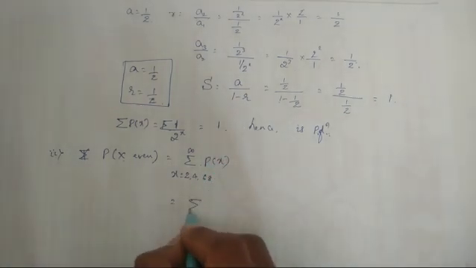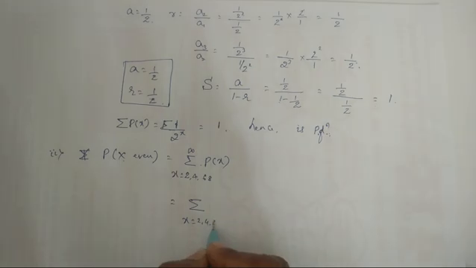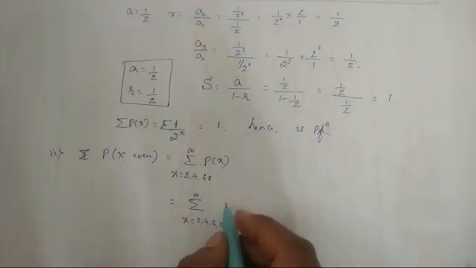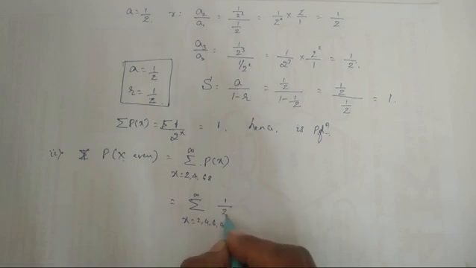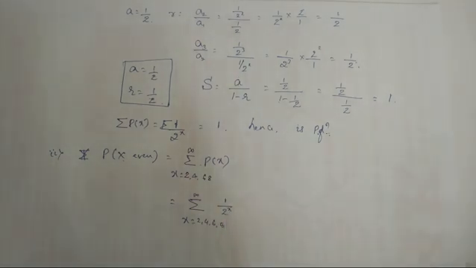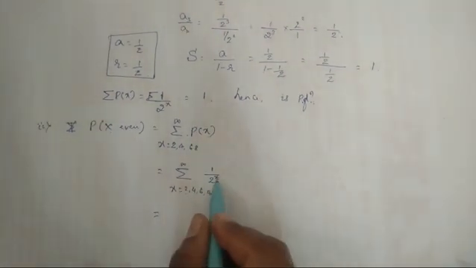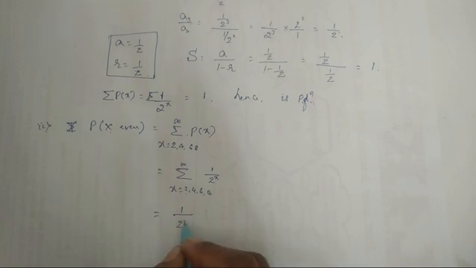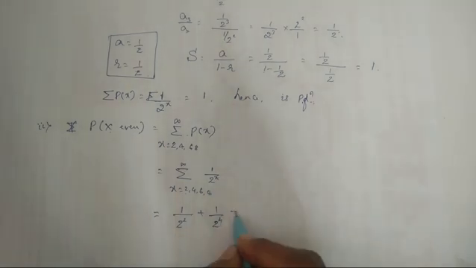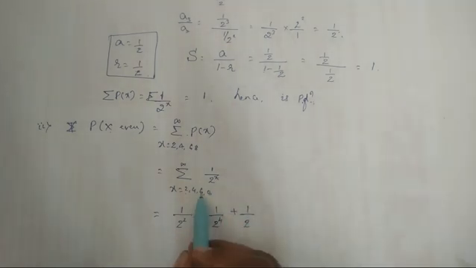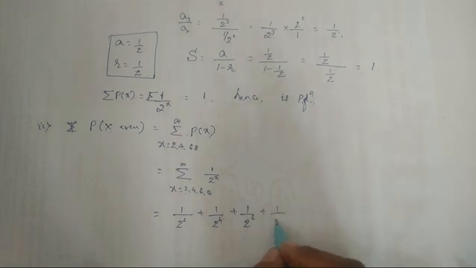That is equal to the summation x is equal to 2, 4, 6, 8 and so on up to infinity. P of x is 1 by 2 power x. Let us put the value of x here. 1 by 2 square plus 1 by 2 power 4, plus 1 by 2 power 6, 1 by 2 power 8, and so on.